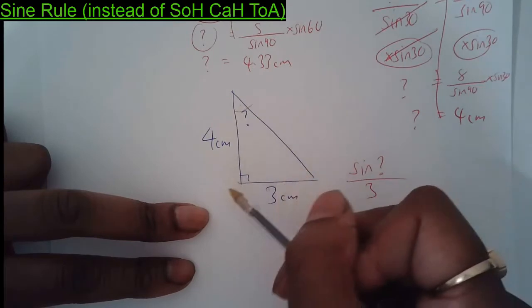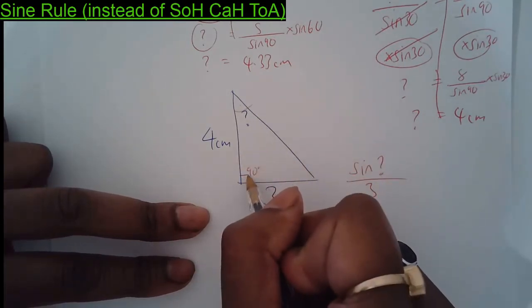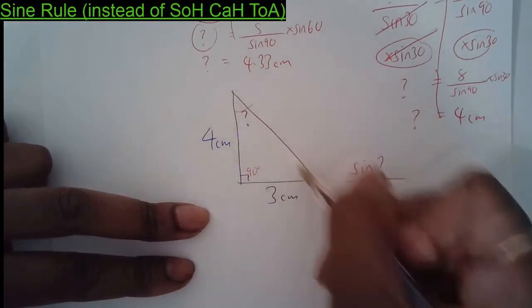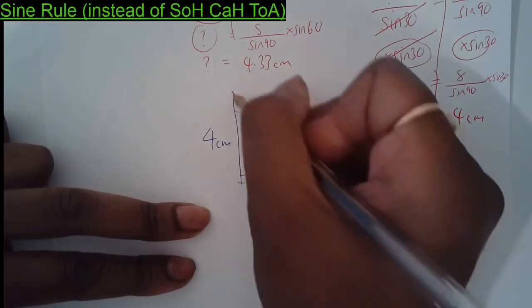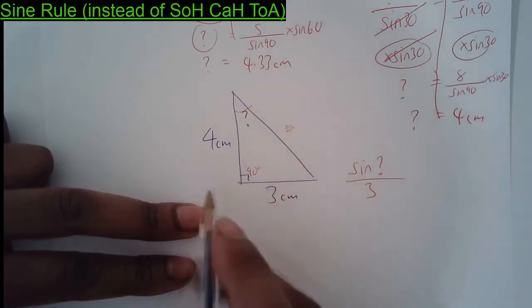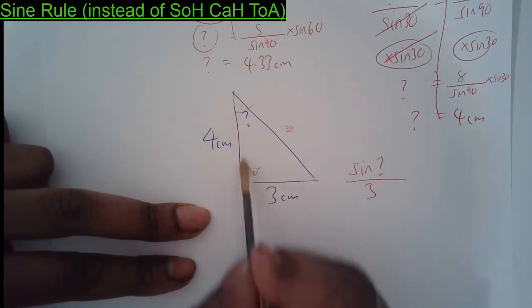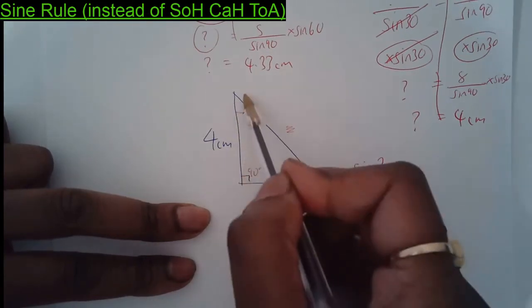Right then, we've got 90 degrees here, but sin 90 needs to see who she's marrying, so we need a number here. How do we get this number? If you know Pythagoras, if two sides are given in a right angle triangle, which it is, you can work out the third side.